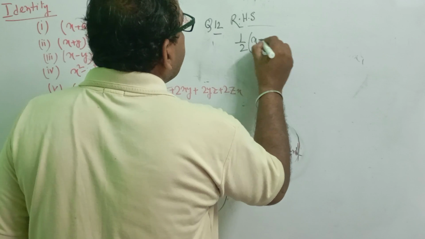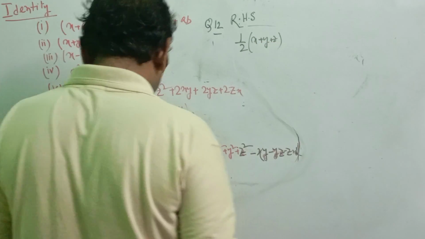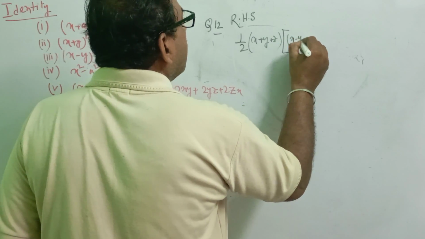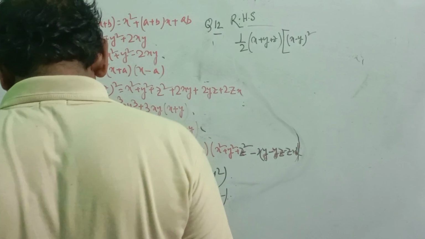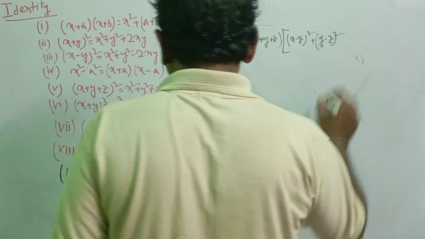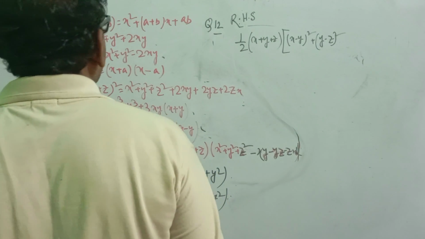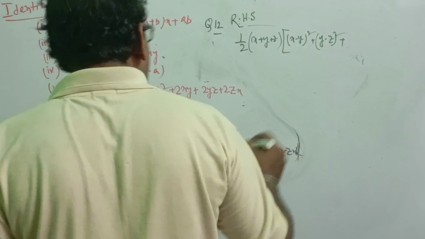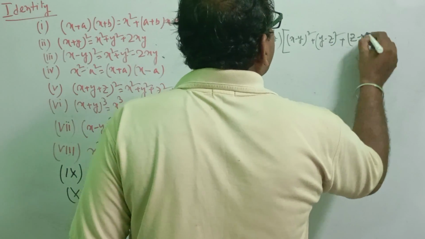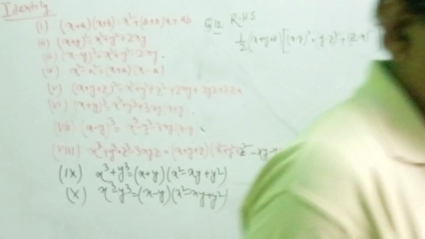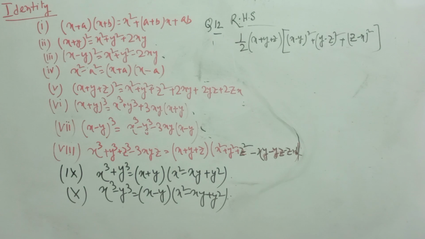Half x plus y plus z, third bracket, x minus y square plus y minus z square plus z minus x square. This is given. The RHS part.